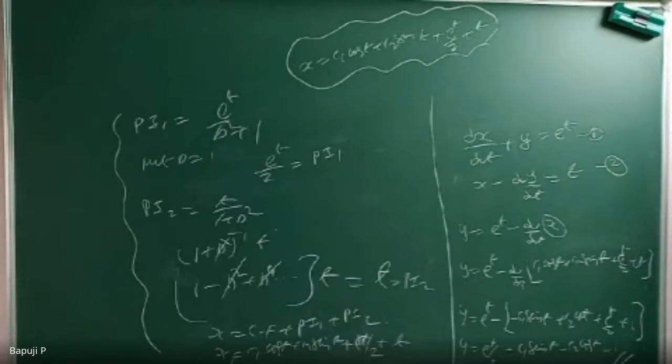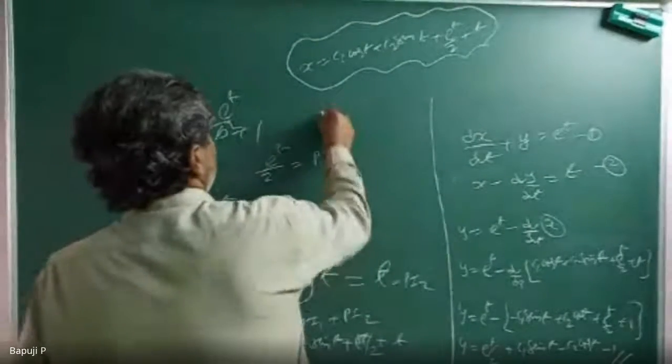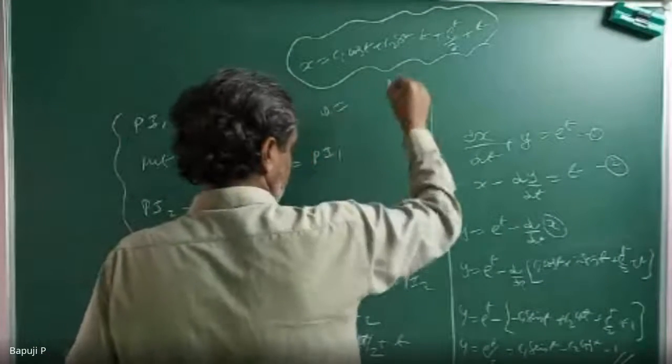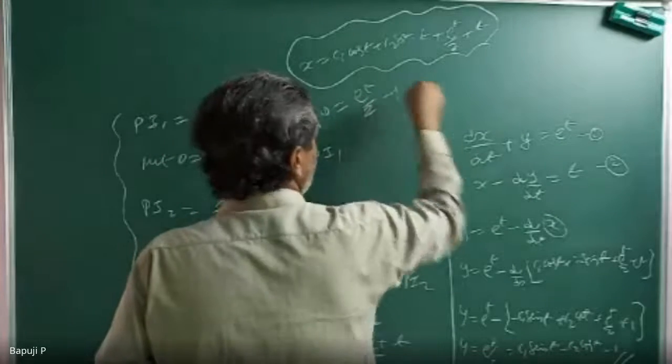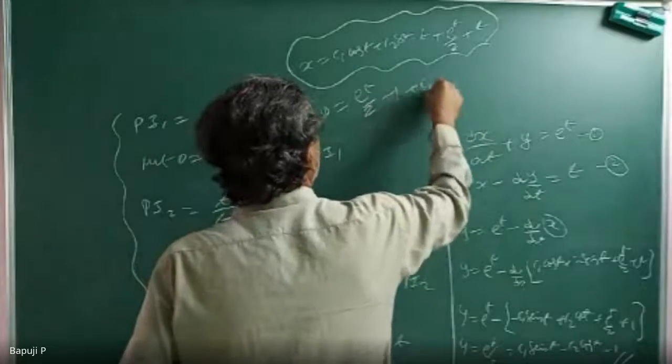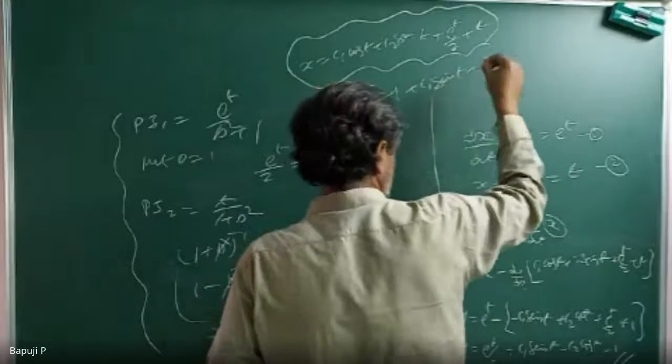That is why I am giving whole notes, don't mistake me. So once you find x and y, you can write it. This is the way of solving simultaneous equations.